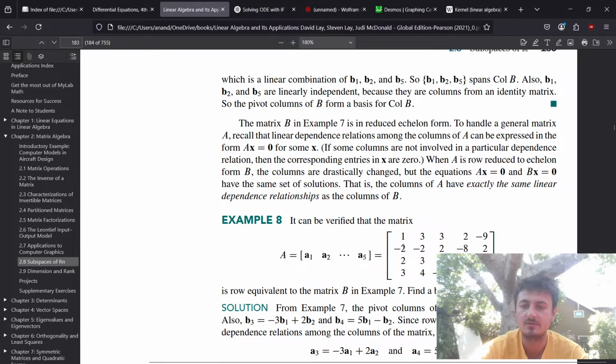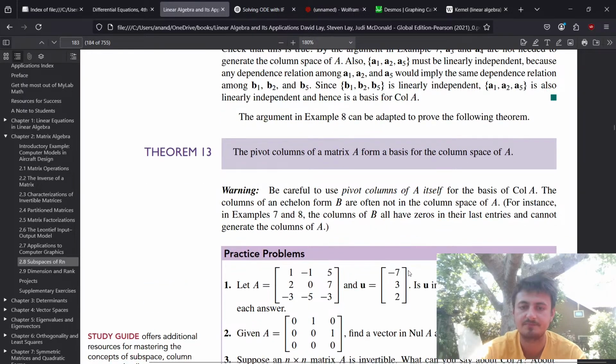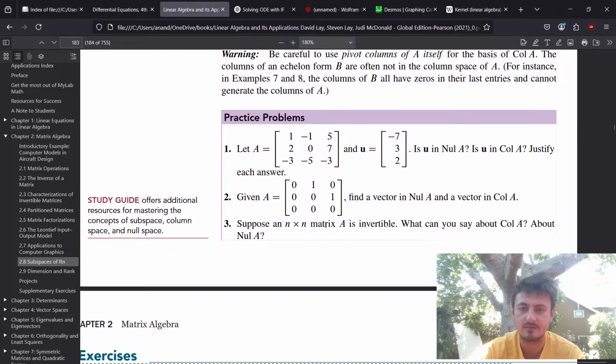If we use those, it's not the same set of points that you can reach. So the columns of an echelon form B are often not in the column space of A. Interesting.